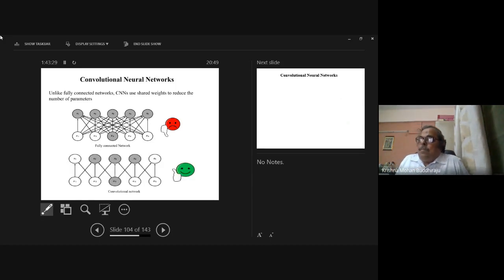A convolutional neural net is based on the assumption that, particularly when you are using images, the information is highly localized. That is, you have pixels which are related to the neighboring pixels and not to faraway pixels.